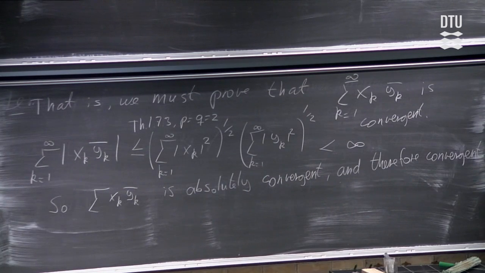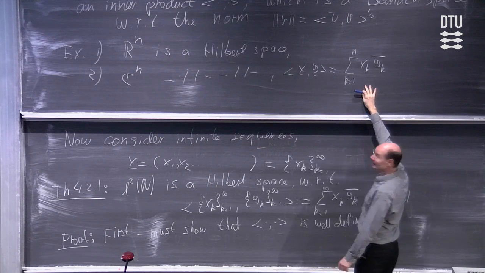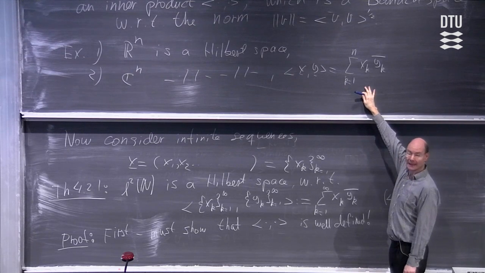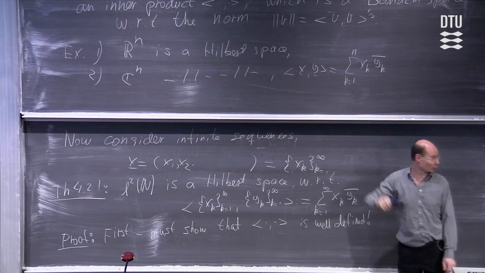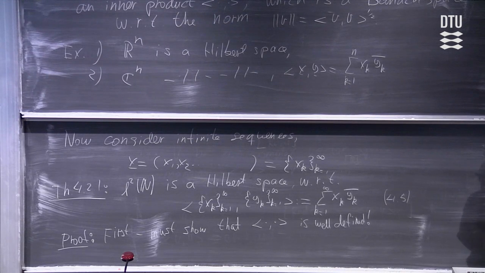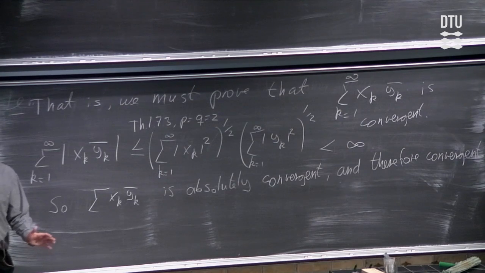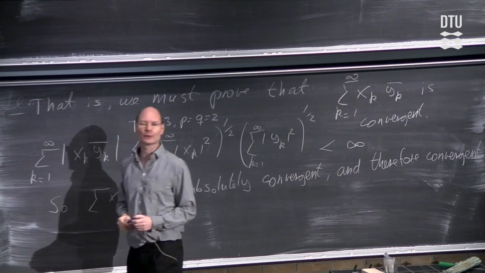So you remember from the last lecture, I proved that this is an inner product in all details. And all what we did there, you will do exactly the same steps for the space L2. So the rest of the proof is exactly the same as what we already did.